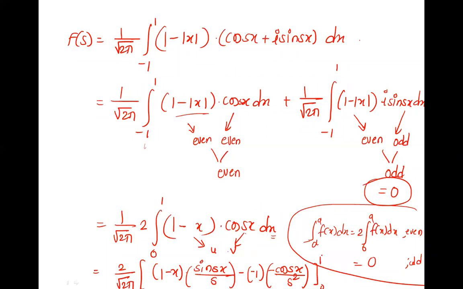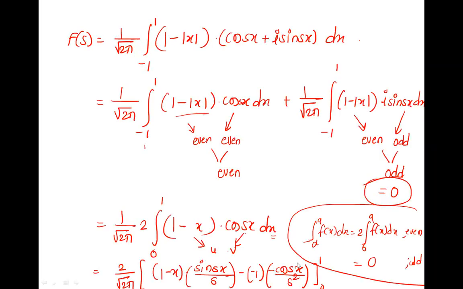0 to 1. Just put the upper and lower limits. If the upper limit is 1, then 1 minus 1 is 0, and 0 into anything is 0. So 2 upon root 2 pi into, for the upper limit, you are writing 0 here, so cos 0. What is the value? 1. Three negatives means minus 1 upon s square.